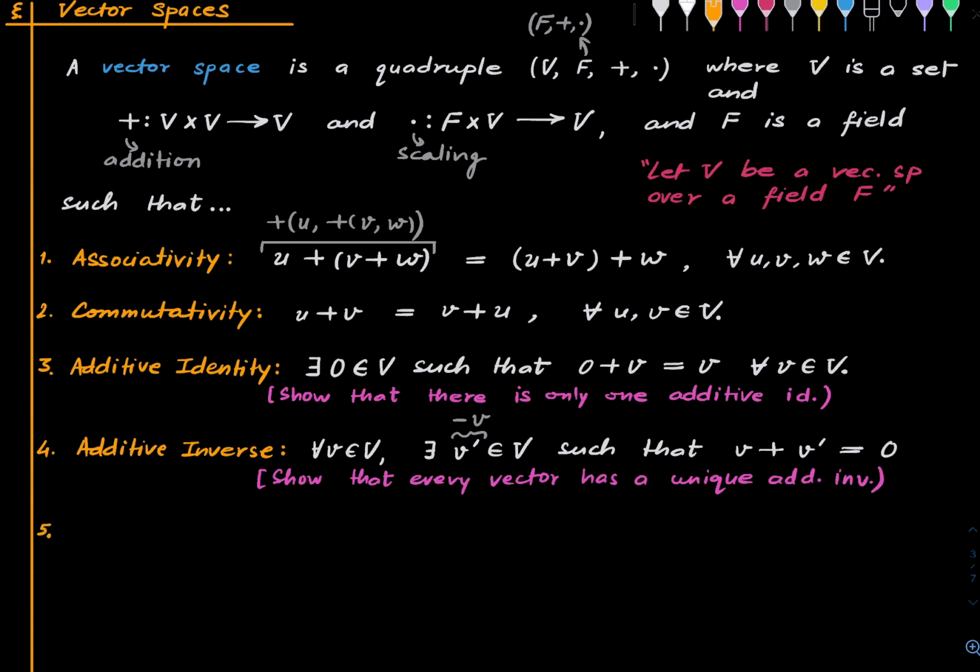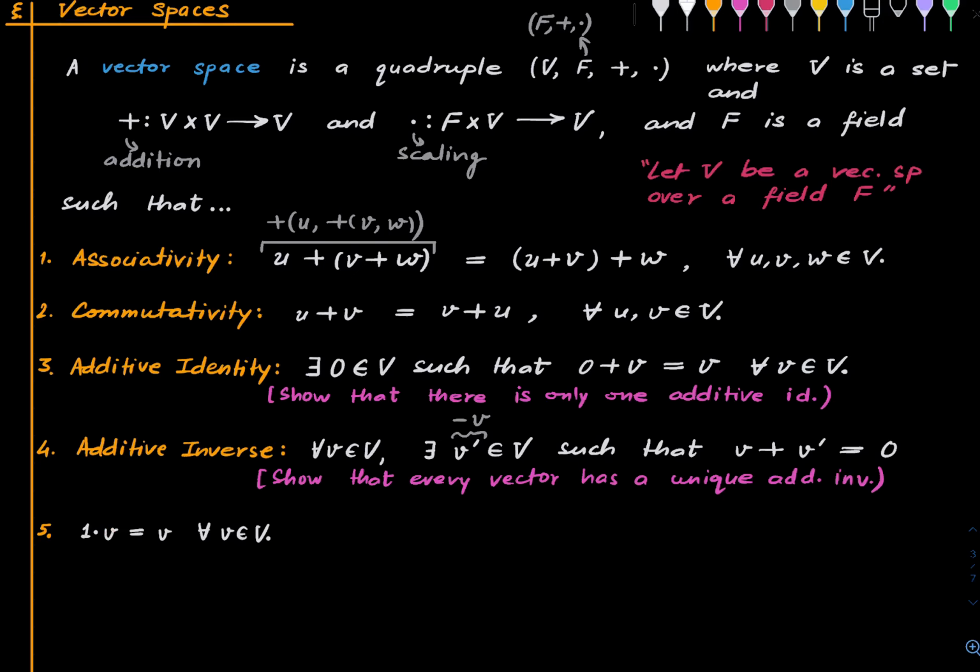I don't know what the name of this is, but let me not name it and just write down the axiom. We insist that 1 dot v is equal to v for all vectors. So this one is coming from the field, and this is coming from the set V, right?